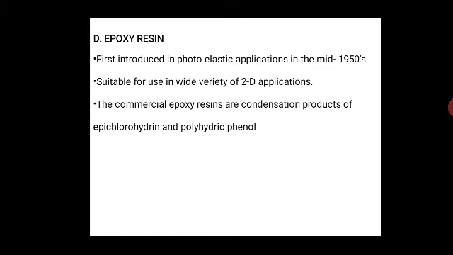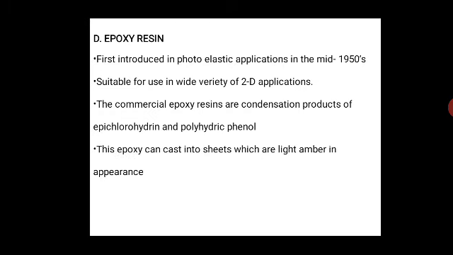The commercial epoxy resins are products of polyhydric phenol. The basic monomer can be polymerized by using acid or polyamines. In general, curing with the acid requires higher temperature than curing with the polyamines.